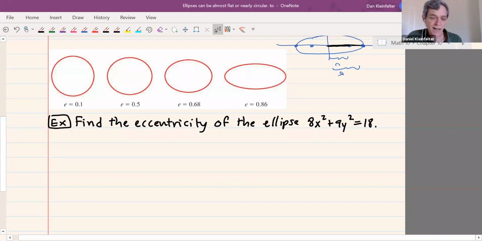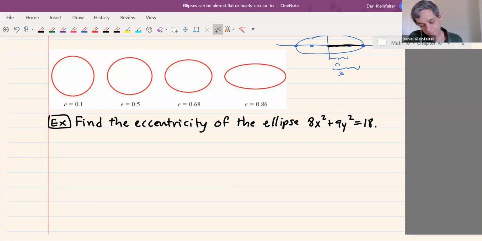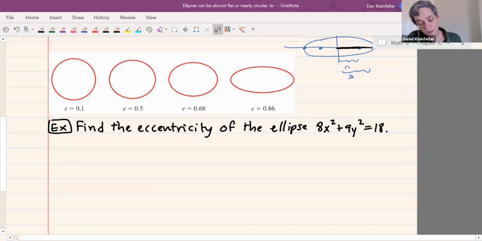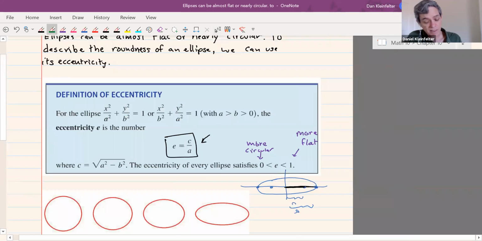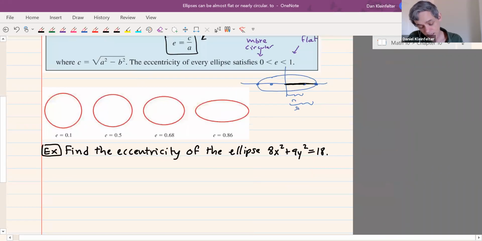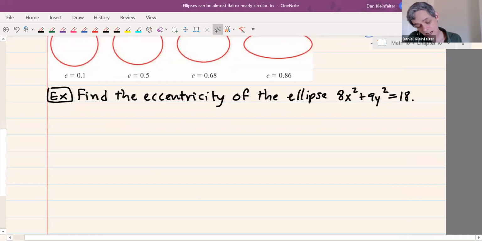All right, so let's just calculate the eccentricity for one of these. It's 8x squared plus 9y squared equals 18. So we're going to want to, once again, put this in the standard form equation so we can figure out what the A is and then calculate what the C is. All right, so let me begin by dividing the original equation by 18.